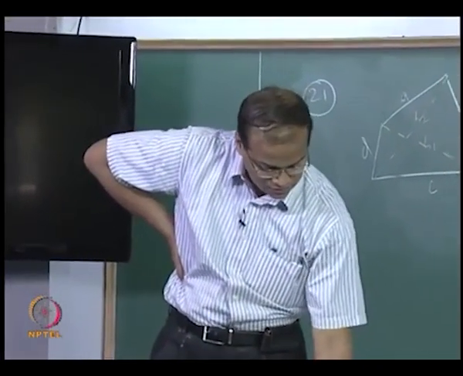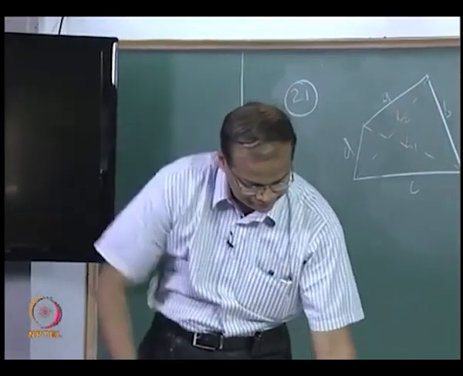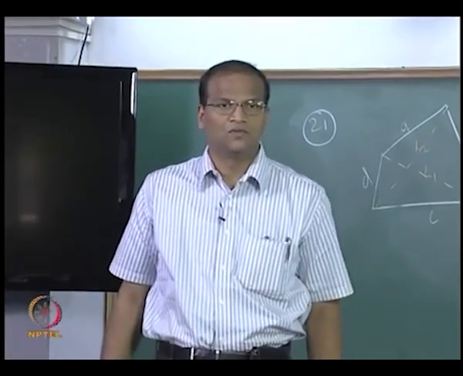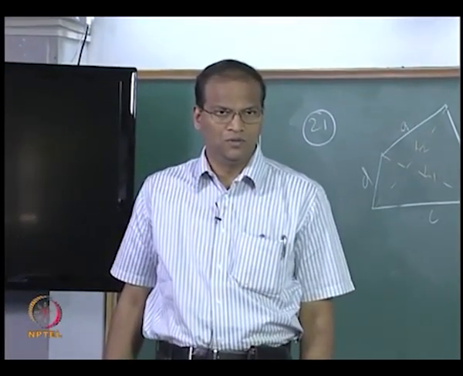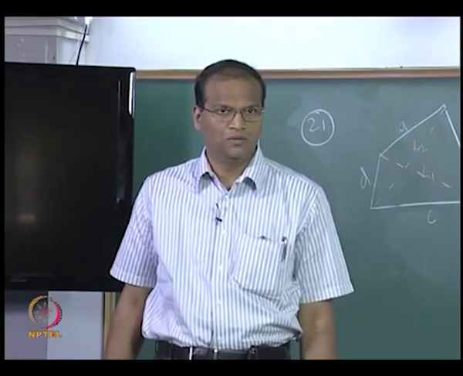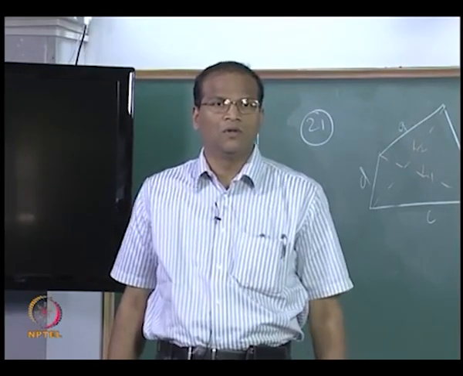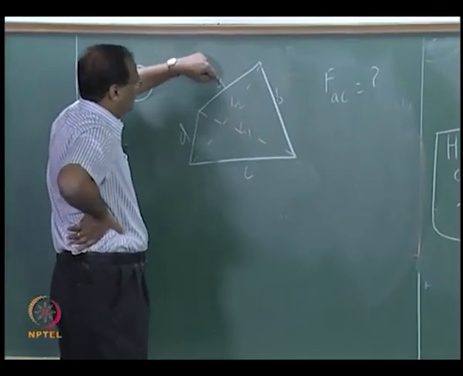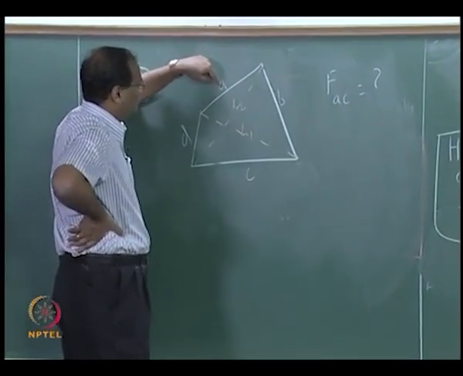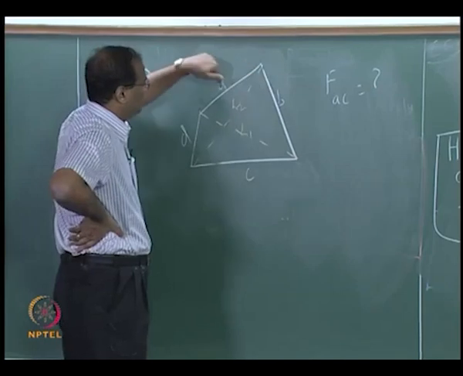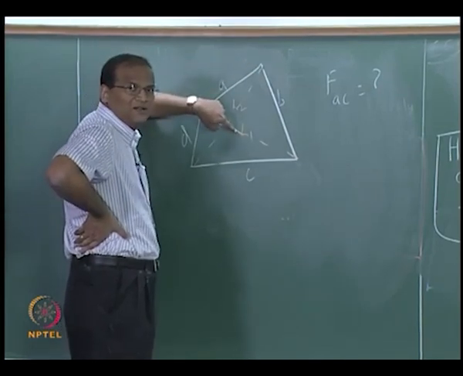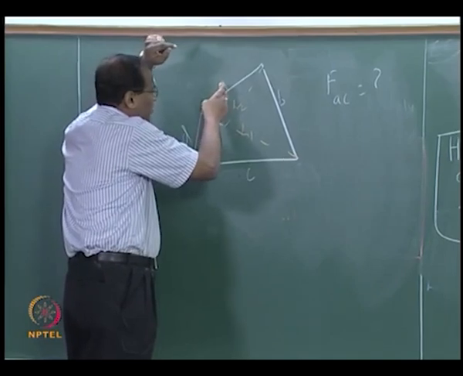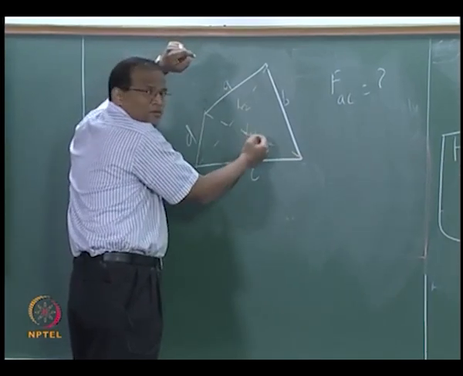Now let us, yes. Aren't we changing the physical situation, because we are changing the enclosure itself? No, but if you look at the energy balance, the sum of FAA plus FAB plus FA to this imaginary line must be 1. So whatever is going to C and D must come through this imaginary L1.